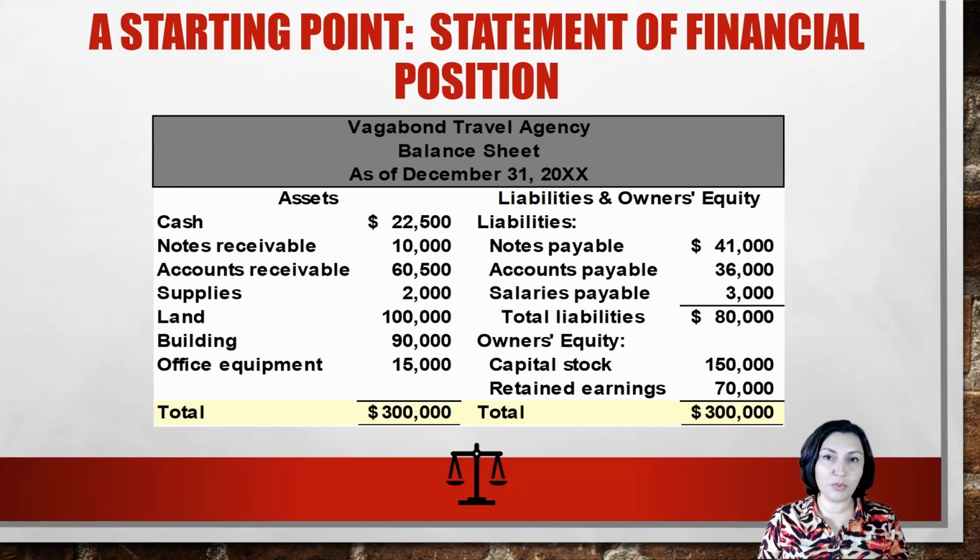Liabilities include notes payable of $41,000, accounts payable of $36,000, and salaries payable of $3,000. The accounts in the owner's equity section of the balance sheet are capital stock of $150,000 and retained earnings of $70,000. Notice that the total assets are equal to the total liabilities plus owner's equity.